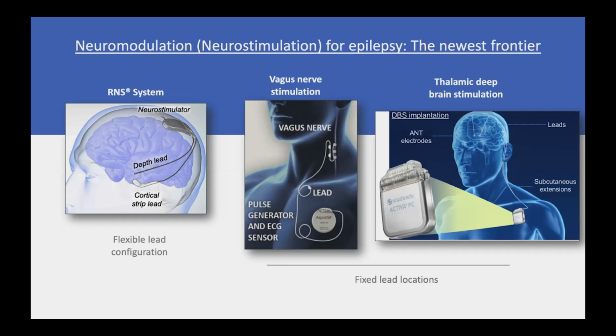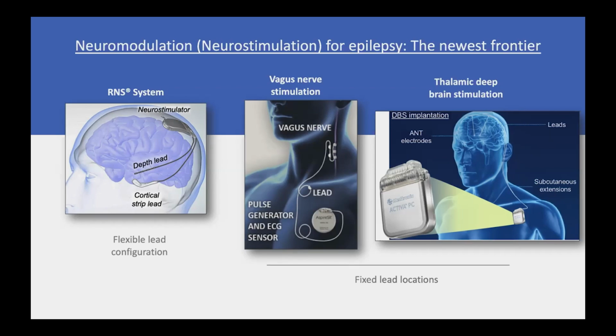So we're going to adjust the pattern to target this part instead, or this sort of rhythm. Then we change those settings, and we hope that the next time they come back for their visit, they'll be having fewer seizures. It's a process over time, just like medicines are.